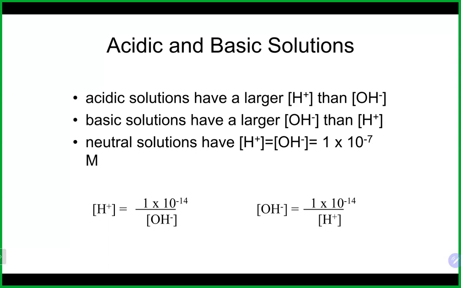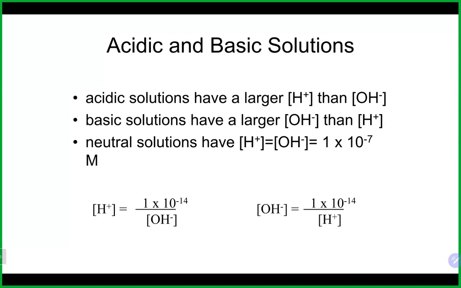If the OH- concentration is larger than the H+ concentration, the basic part of the solution is larger than the acid part, then it will be basic. If they equal each other, they both will have a value of 1 times 10 to the minus 7, and that would be a neutral solution.